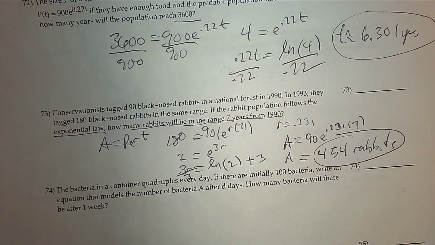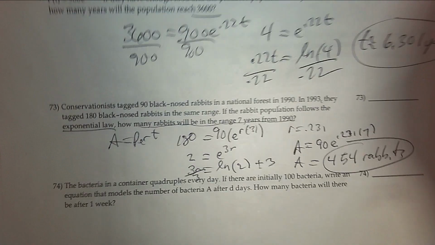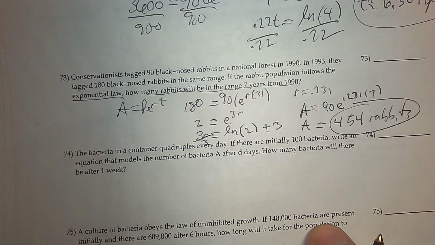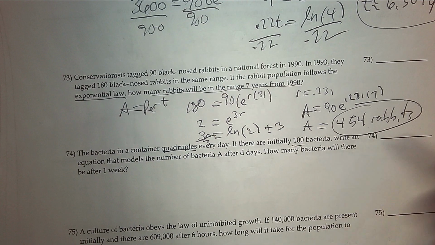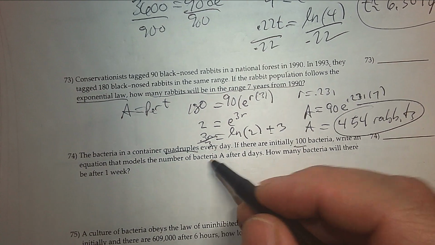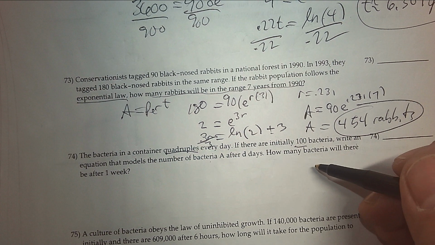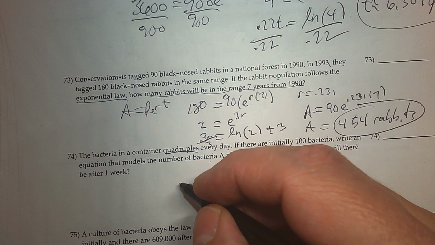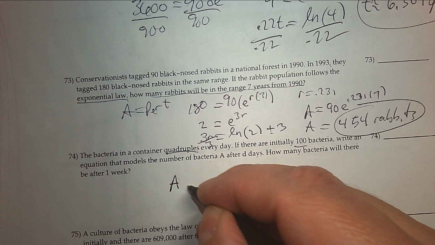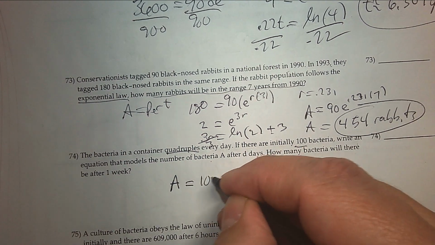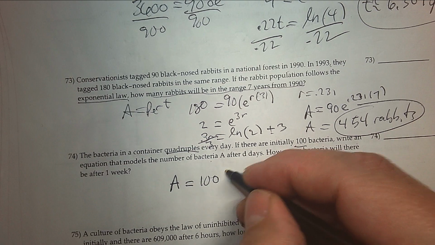The bacteria in a container quadruples every day. If there are initially 100 bacteria, write an equation that models the number of bacteria A after D days. So we're starting with 100 bacteria. It's increasing.